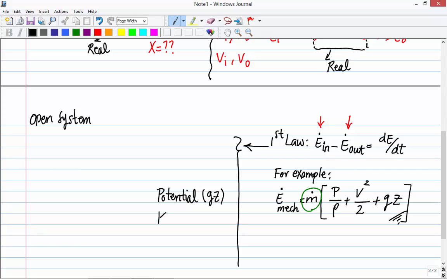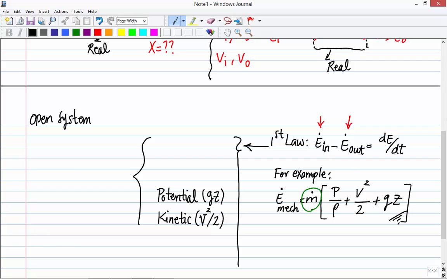Or we have kinetic energy, which is represented by V squared divided by 2. Okay, and I'm going to add two more here, but hold on a second.